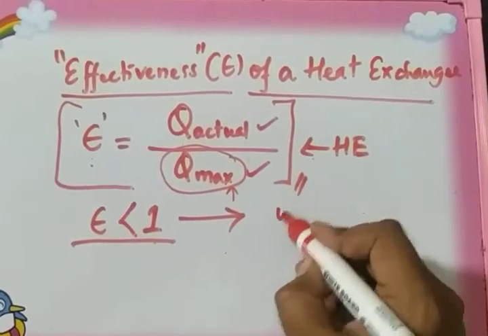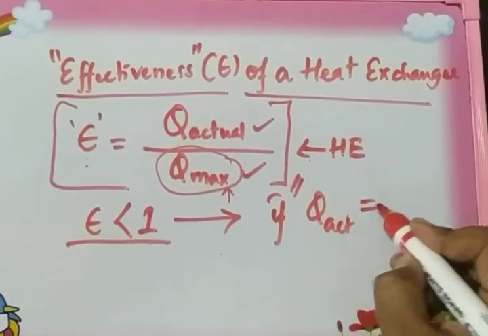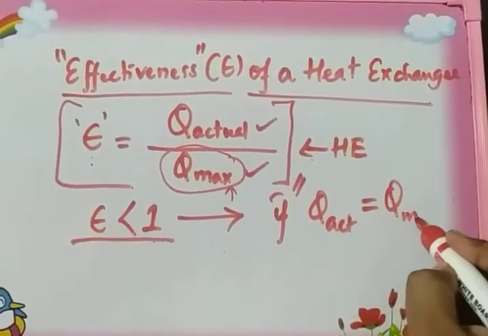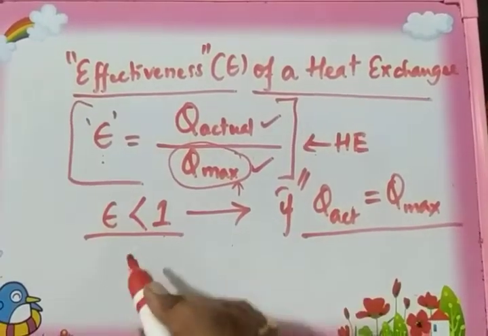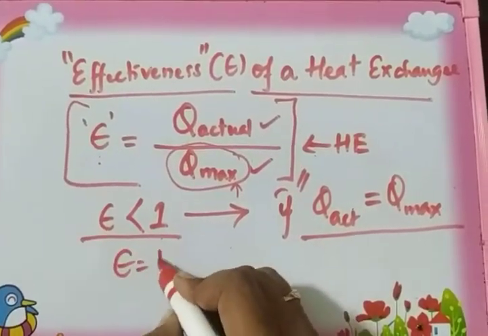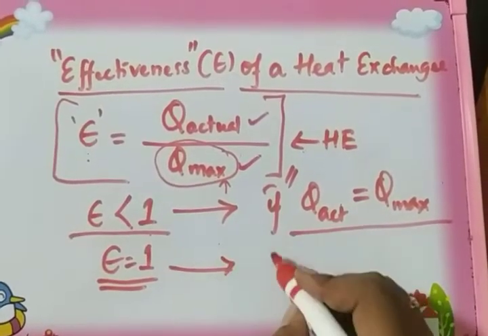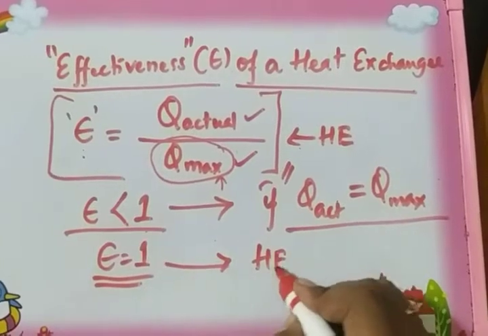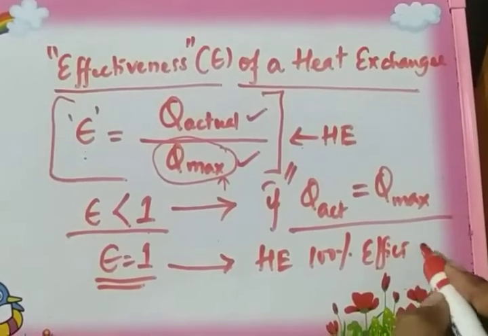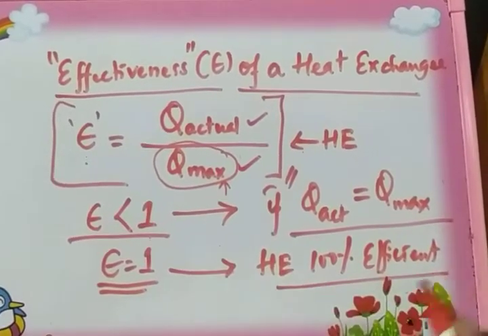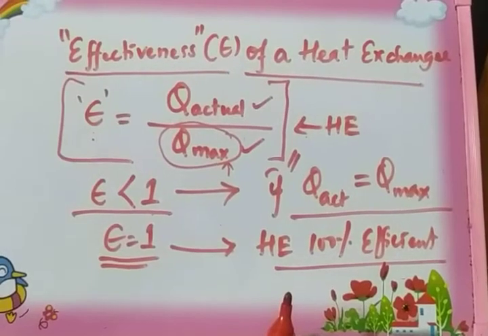Suppose Q actual becomes equal to Q max, then by definition effectiveness will become equal to 1. This represents that the heat exchanger is 100% efficient in exchanging the energy, which is practically not possible.